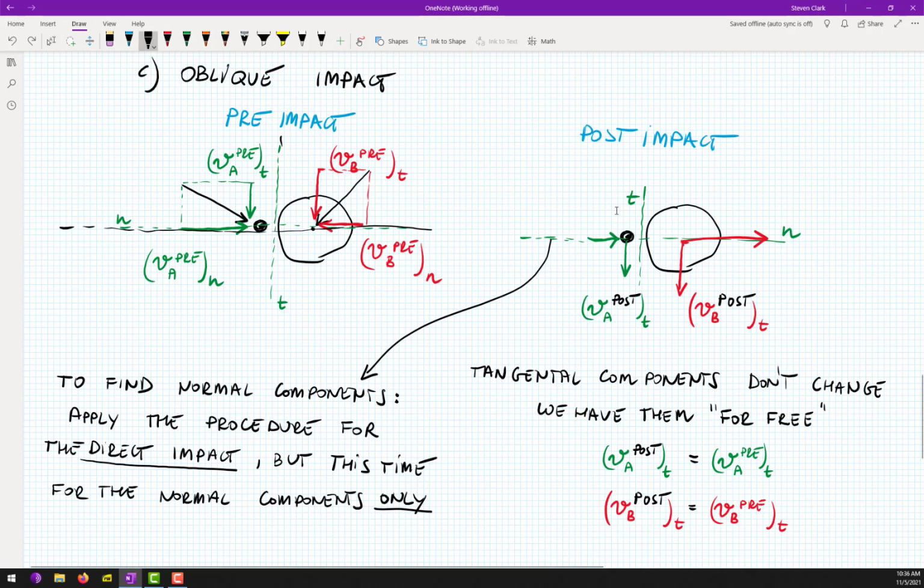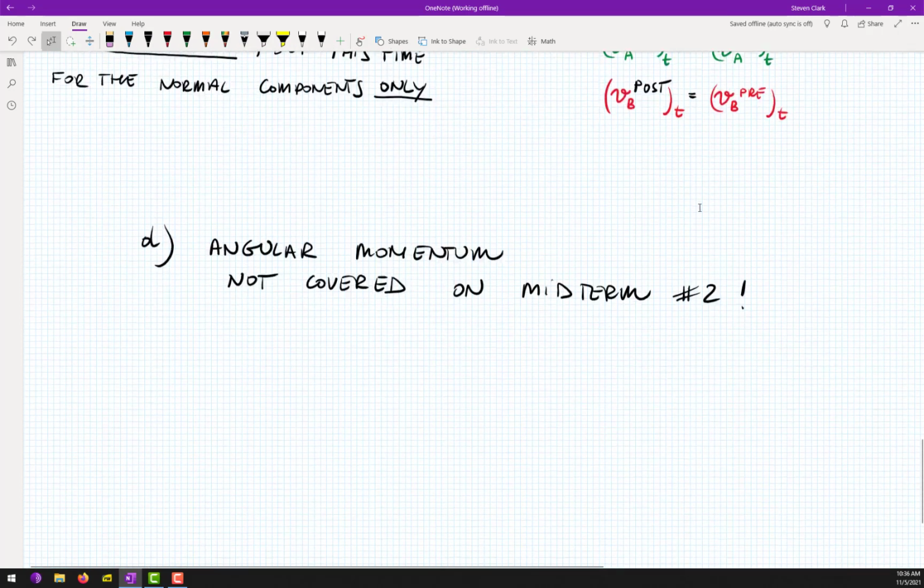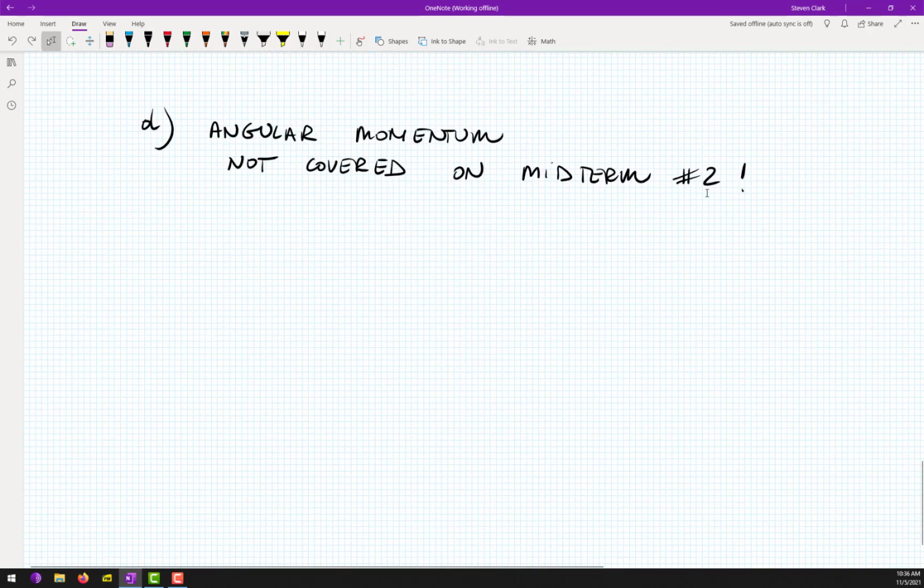And how to figure out what happens along this direction post-impact? Just repeat our procedure from direct impact, but only for these components. And to finish, angular momentum, not covered on midterm 2. That's all. And now, Mike, is yours. That's all I wanted to say.